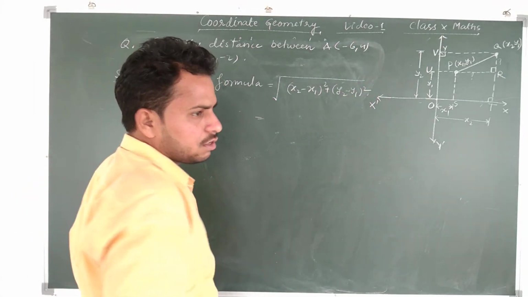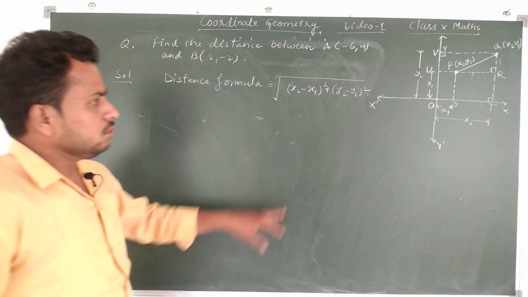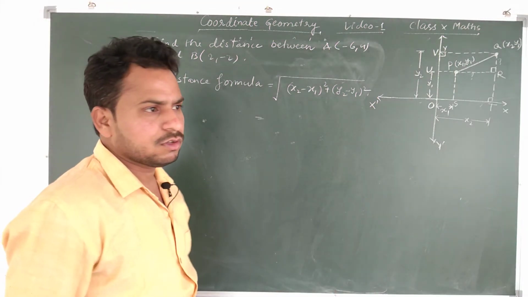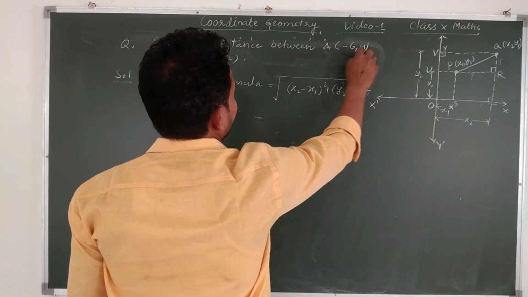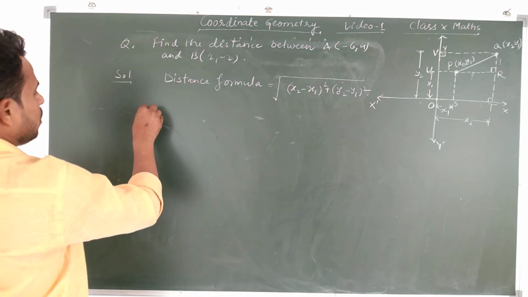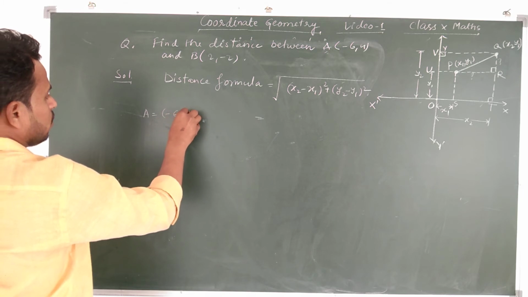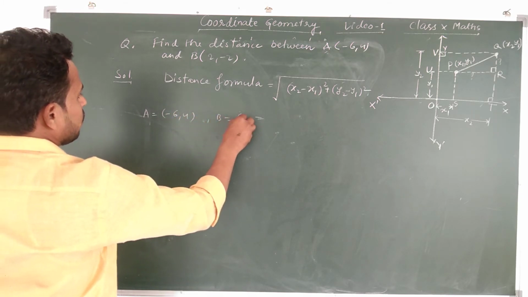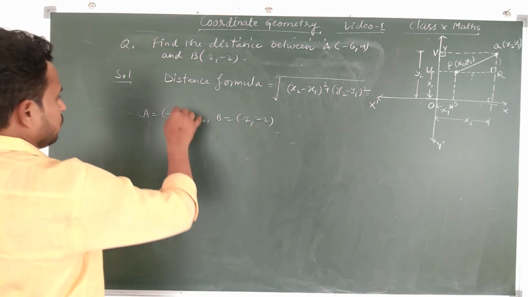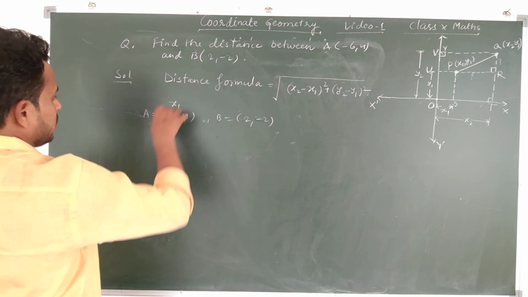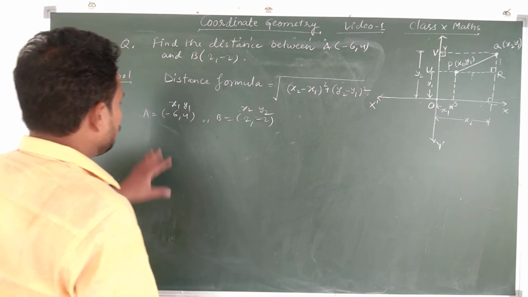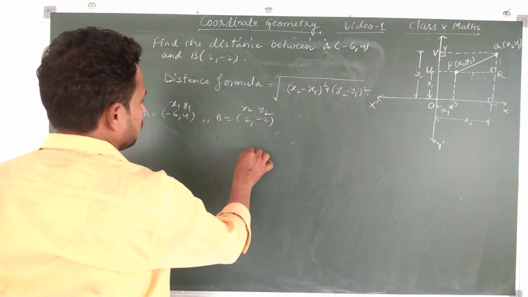If the coordinates are x1, y1 and x2, y2, and here A is -6, 4 and B is 2, -2. So we mark this as x1 and this as y1, this is x2 and this is y2. So apply these coordinates in the distance formula.